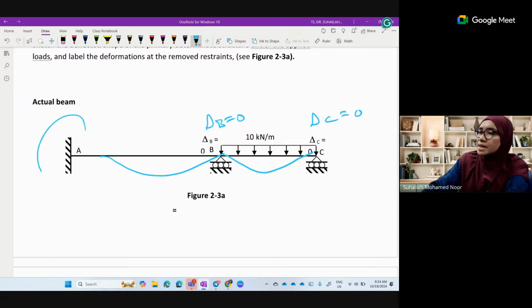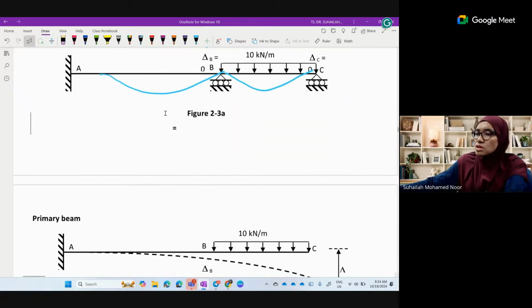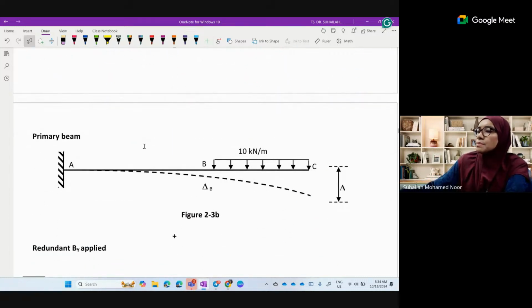Okay, even though kat sini pun ada displacement, but kita hanya akan measure displacement at redundant position. Tadi redundant kita B and C, right? Okay, so we just focus on all deflection at point B and at point C. Okay, so this is actual beam, primary beam. So, sekejap hilang ni.